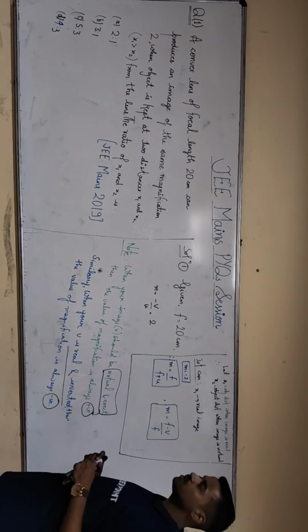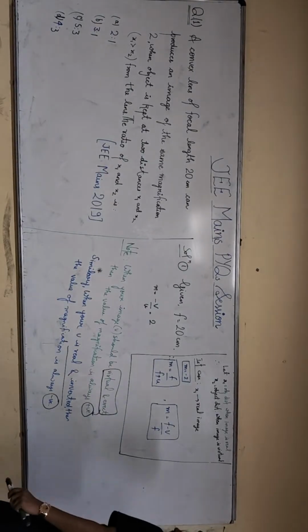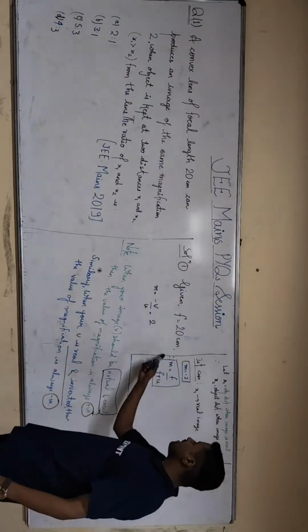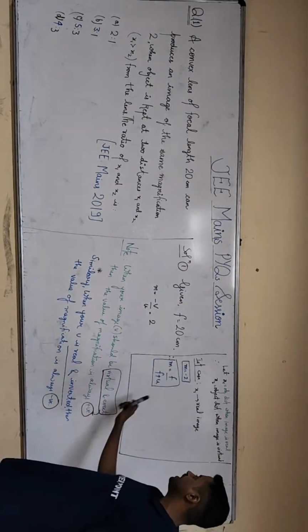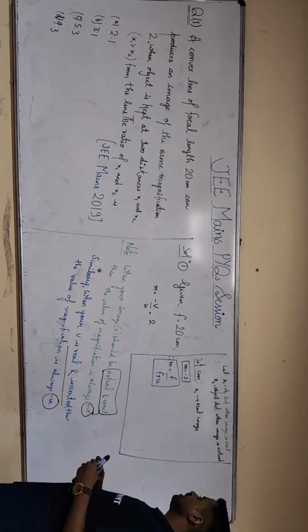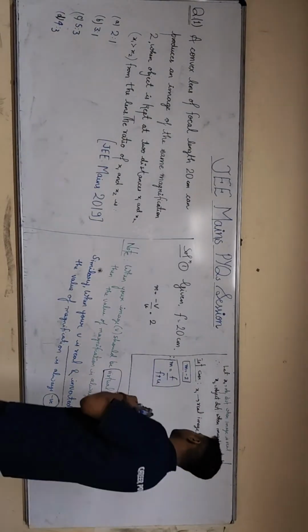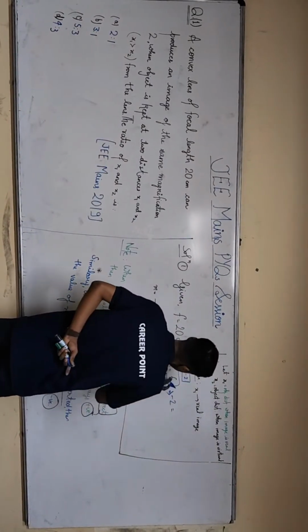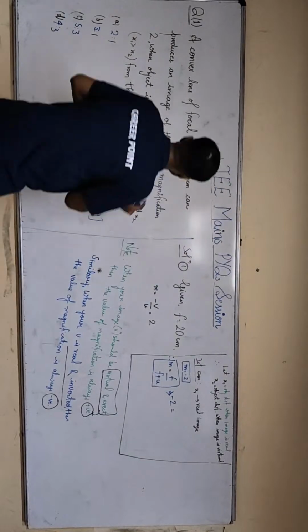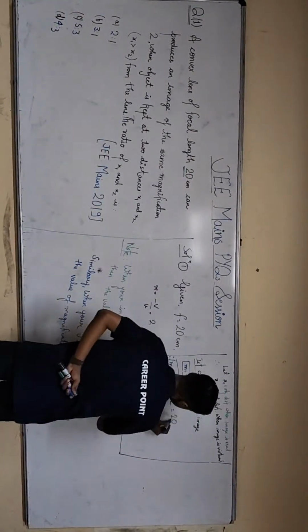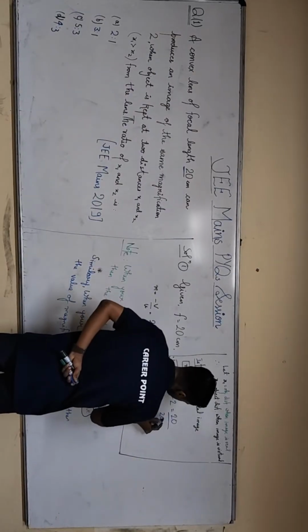We have to use only this formula, where m is the magnification, f is the focal length, and u is the object distance x1. So write down the value of m here: m is equal to -2. f is the focal length. What is the focal length? 20. Write down the value of f: 20 plus u.